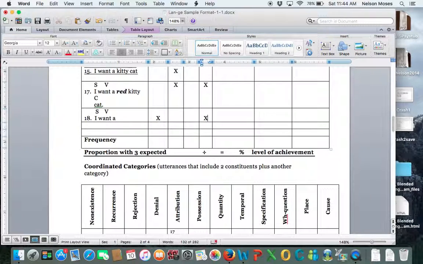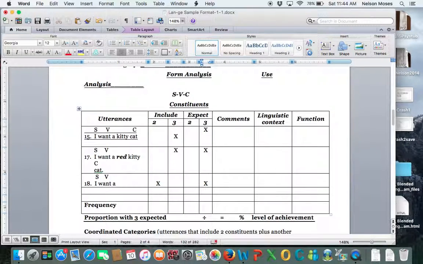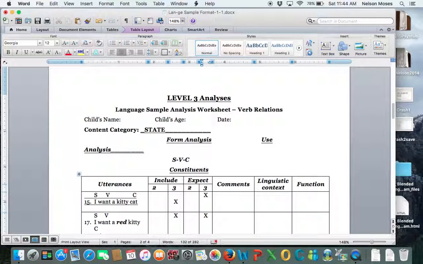You must mark SVC on your analysis sheet for level 3 utterances, that is, for single verb utterances. You would not mark SVC for level 2 utterances because there's no syntax there. And we're about to deal with level 4 utterances, and there I will not require that you mark SVC.